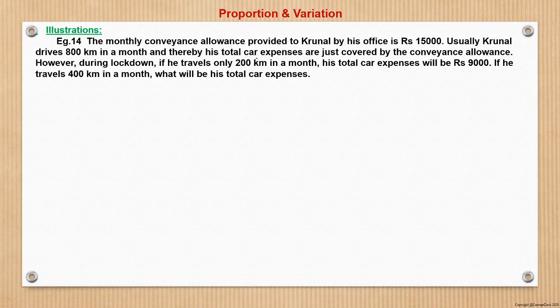So it means that Kunal drives 800 kilometer in a month and spends 15,000 rupees. However, during lockdown, he travels only 200 kilometer in a month. His total car expense was 9,000 rupees. If he travels 400 kilometer a month, what will be his total car expenses?